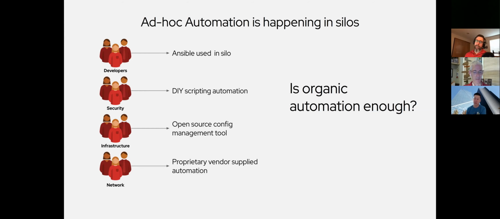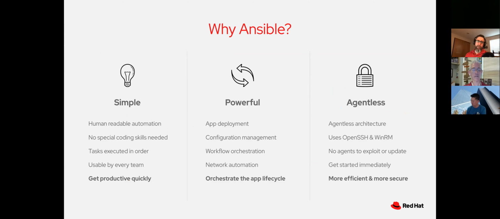So the idea here is, are we doing everything in silos, and can we make it more holistic for the entire organization? Security might be doing it one way, infrastructure might be doing it another way, and networking might be doing something proprietary as well. So Ansible helps you essentially do those all simply and effectively.